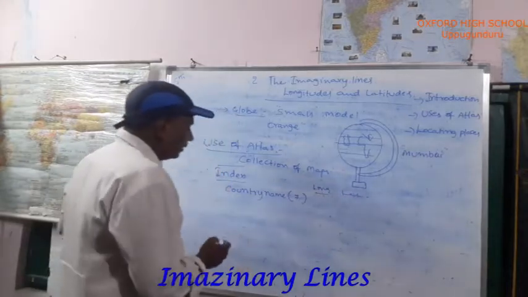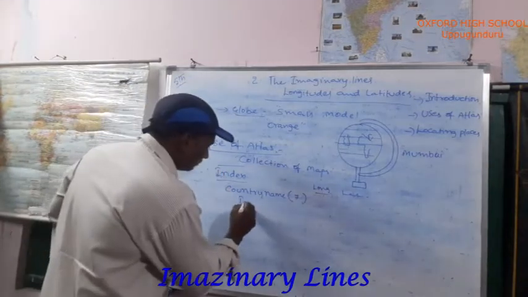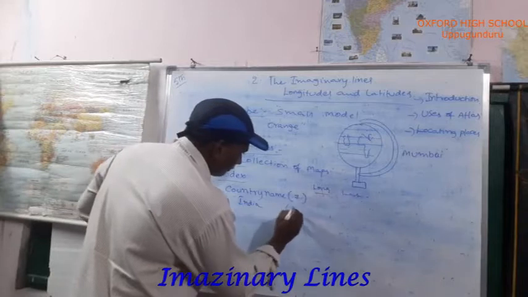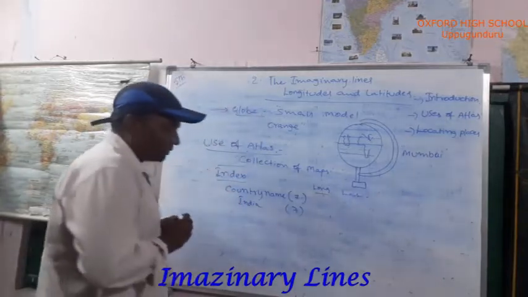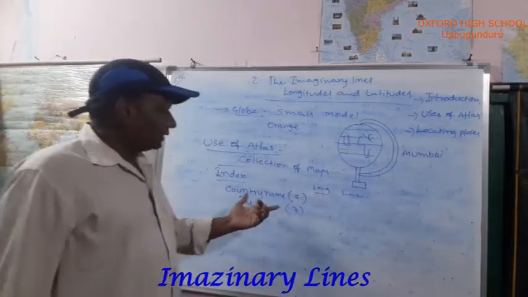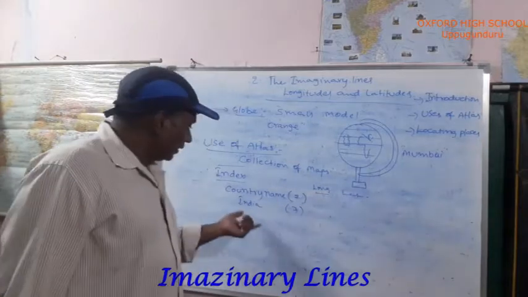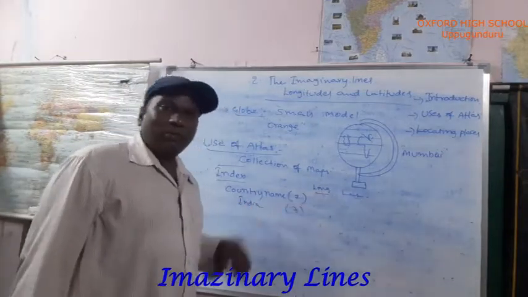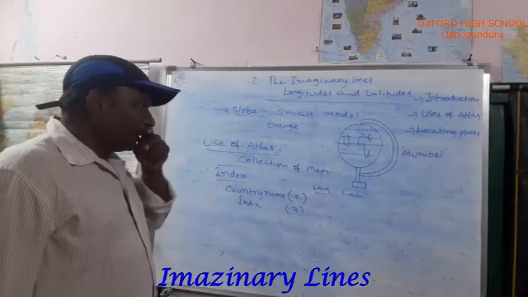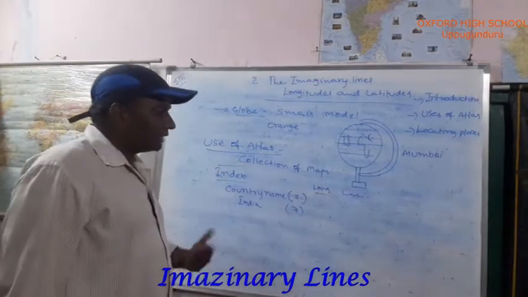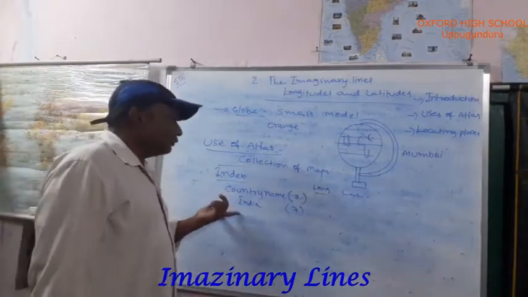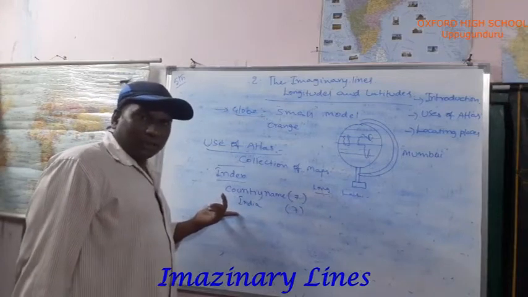For example, for country India, within the box the number 7 is given. If you open the 7th page of that atlas, the India map will appear. Longitudinal and latitudinal extent of India you may also observe in the atlas.